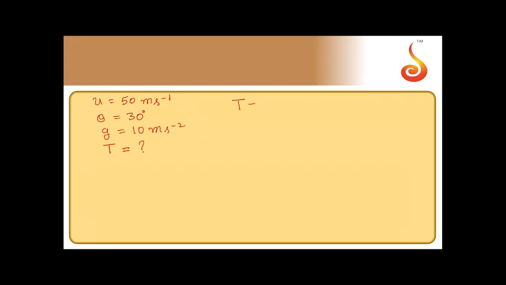We know that time of flight is 2u sin theta by g. Just substitute and simplify. 2 into u is 50 into sin 30 is half, divided by 10. So this 2 gets cancelled, will get you to be 5 seconds.